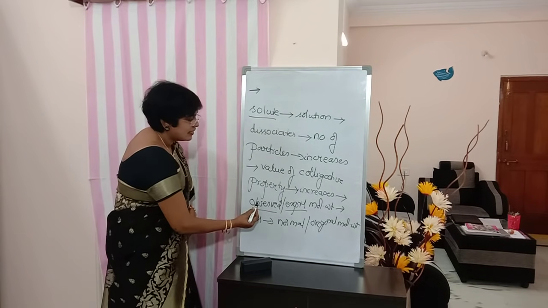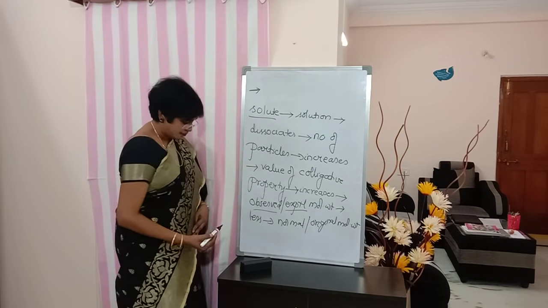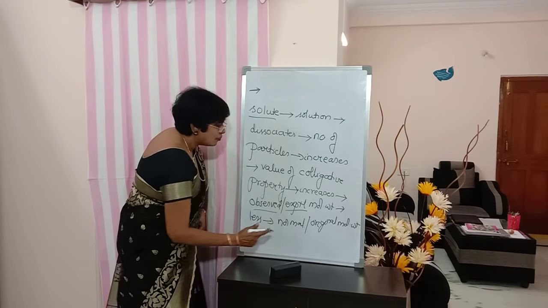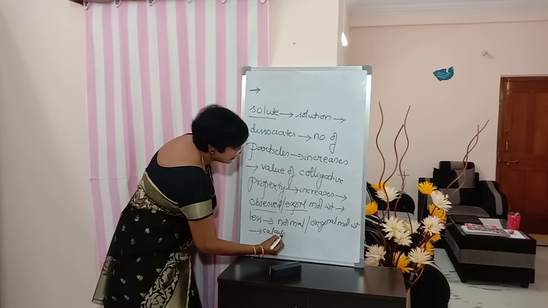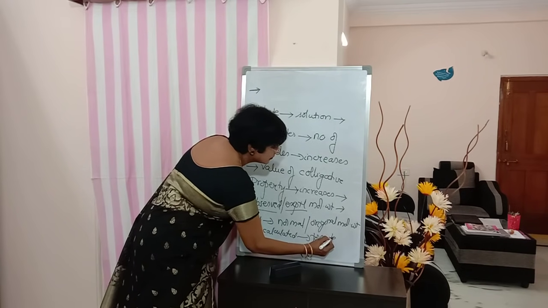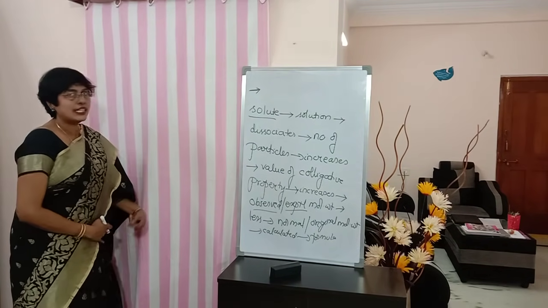Try to understand. Here I have written observed or experimental molecular weight. Here I have written normal or original molecular weight calculated from the formula. So write down carefully, students.